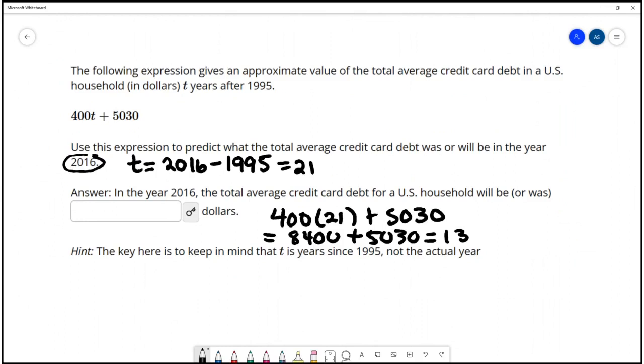That's 13,430. So the average total credit card debt in the U.S. in 2016 is predicted to be $13,430.